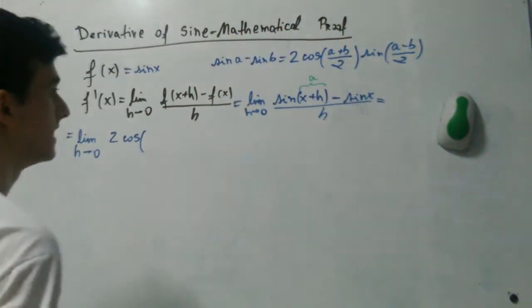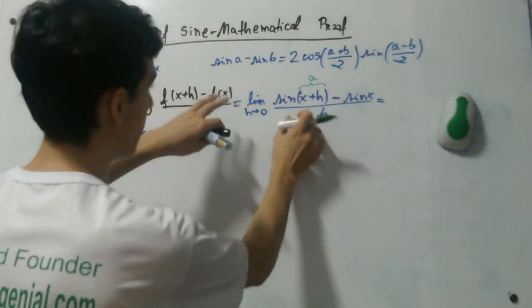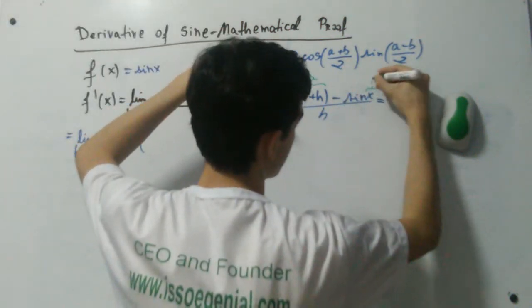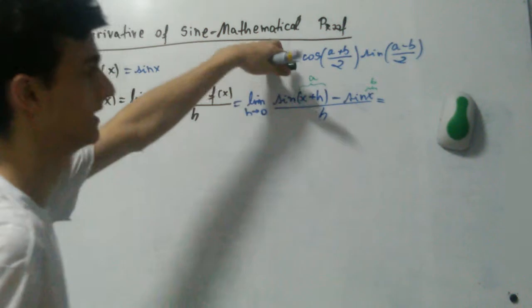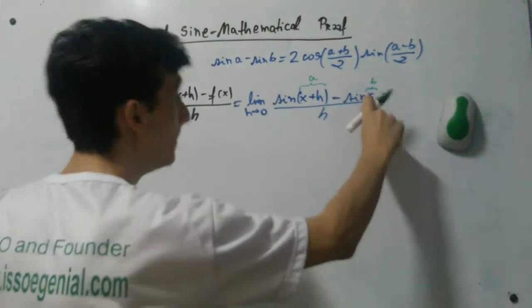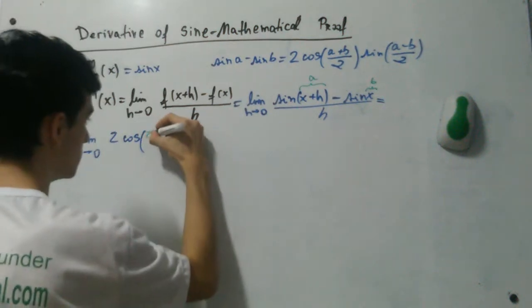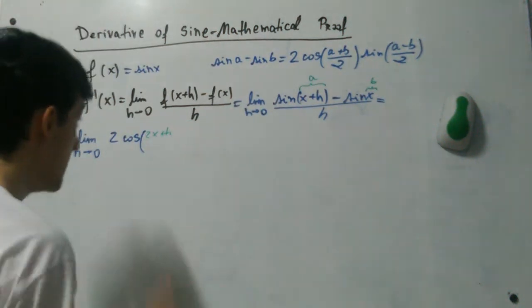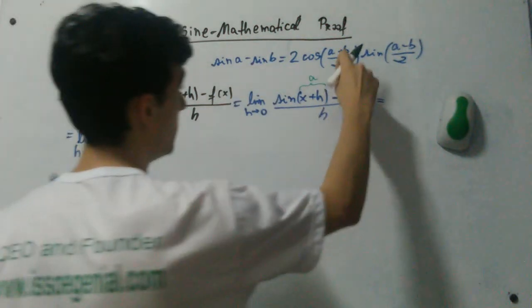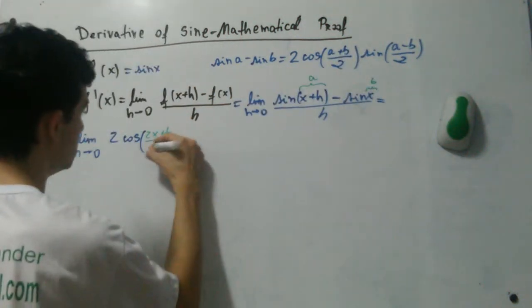A is x plus h, the argument of the first sine, and B is x, the argument of the second sine. So A plus B is x plus h plus x, which is 2x plus h. After that, we have the divided by 2.